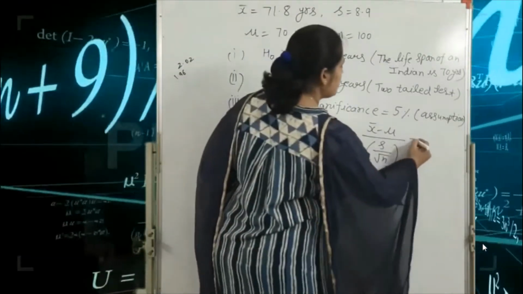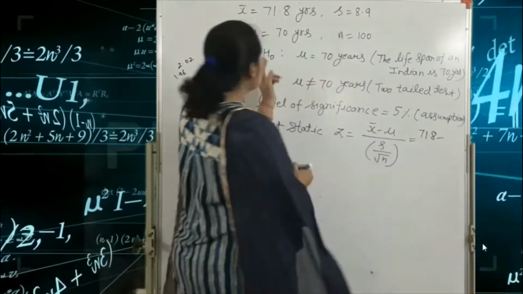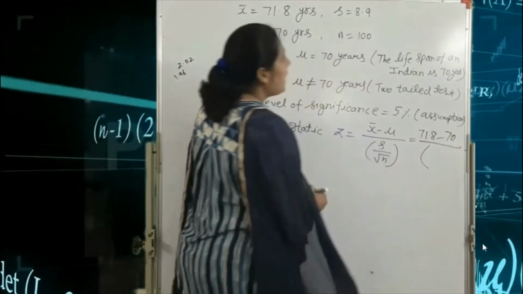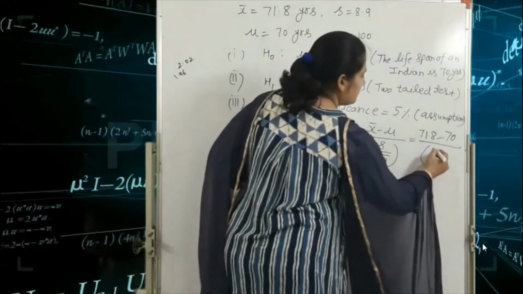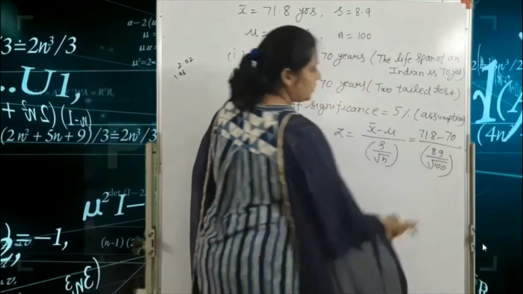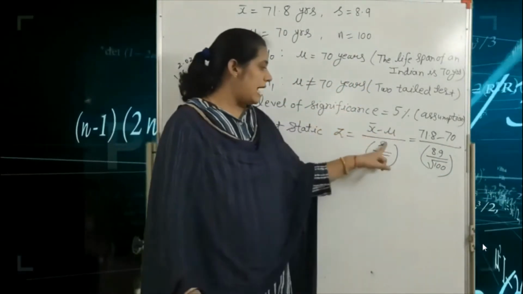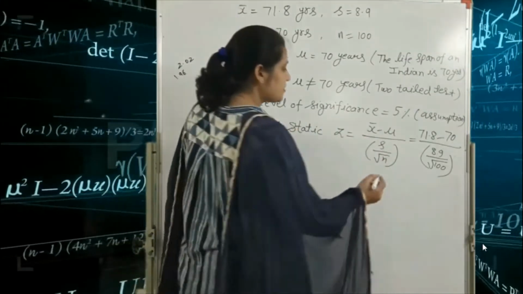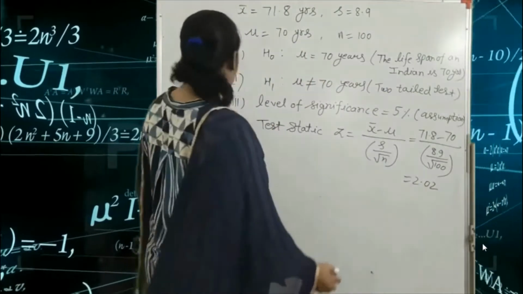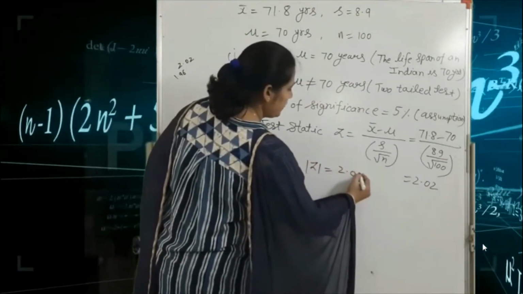X bar is equal to 71.8, mu is equal to 70 years, divided by s is equal to 8.9 divided by root 100. So we write the values of x bar, mu, s and root n. After solving this, we get the value 2.02. That means mod of z is equal to 2.02.